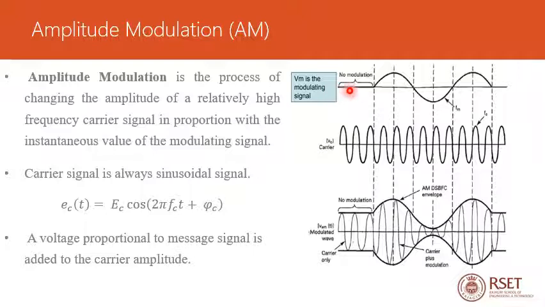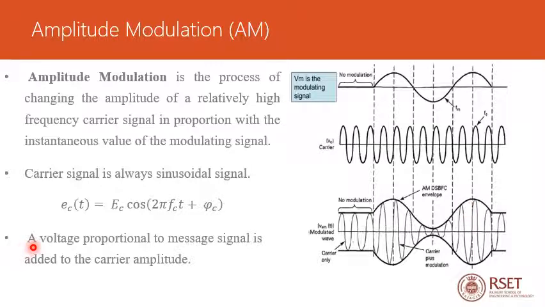Note that with no modulating signal, the output of the AM modulator is simply the carrier signal. However, when a modulating signal is applied, the amplitude of the AM envelope varies in accordance with the modulating signal. The repetition rate of the AM envelope depends upon the frequency of the modulating signal, and the shape of the AM envelope is identical to the shape of the modulating signal.